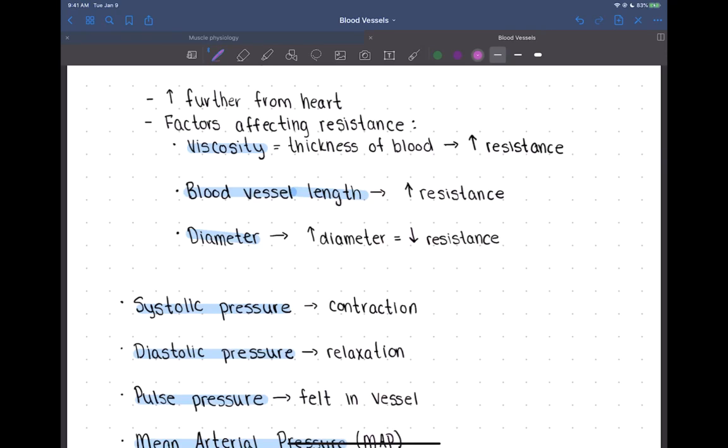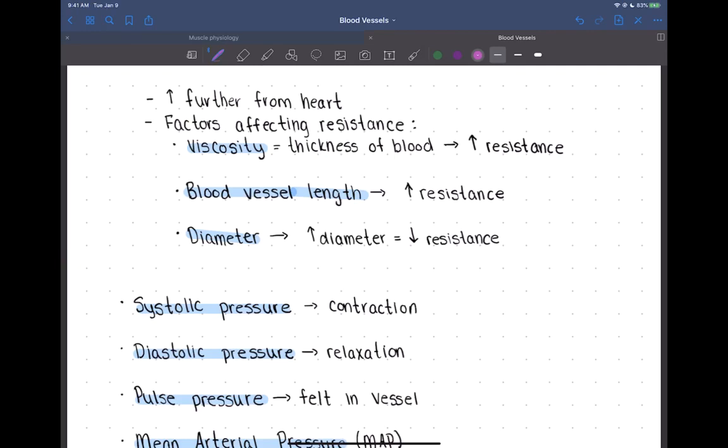Okay, and this is an important concept and a reason why obesity, sorry, my word wasn't coming to me, obesity is such a strain on your heart. As you add all that adipose tissue, you're adding blood vessels to that and you're increasing the length of the blood vessels.